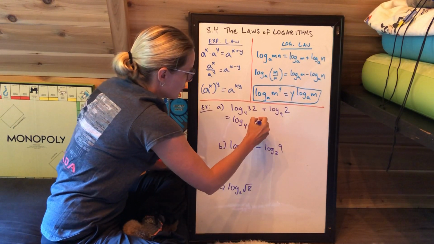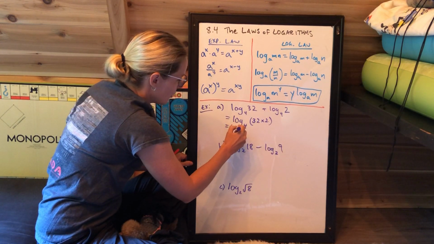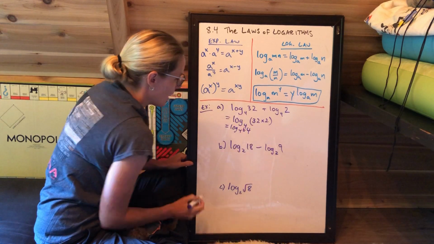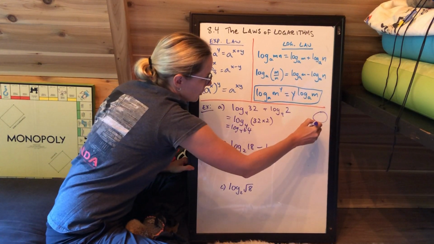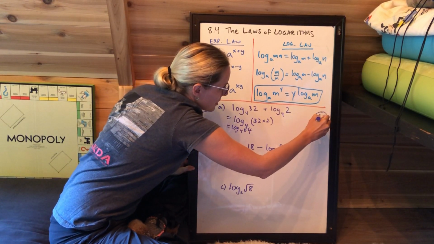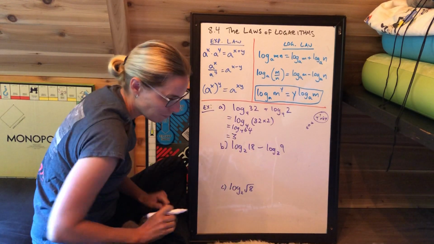So this becomes 32 times 2 inside that bracket, which is log base 4 of 64. Then remember, you're asking yourself, 4 to what exponent gives me 64? Well, 4 to the power of 3.